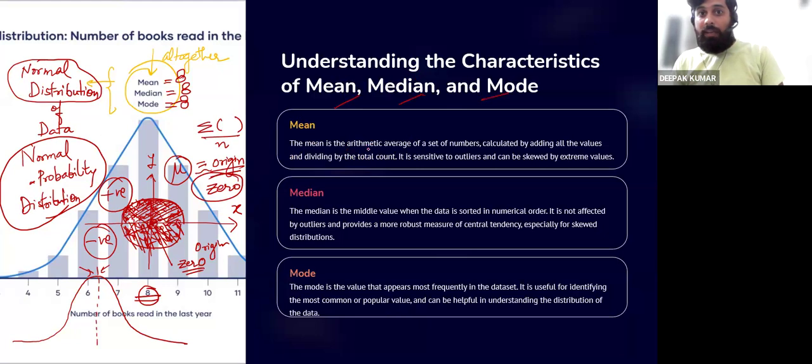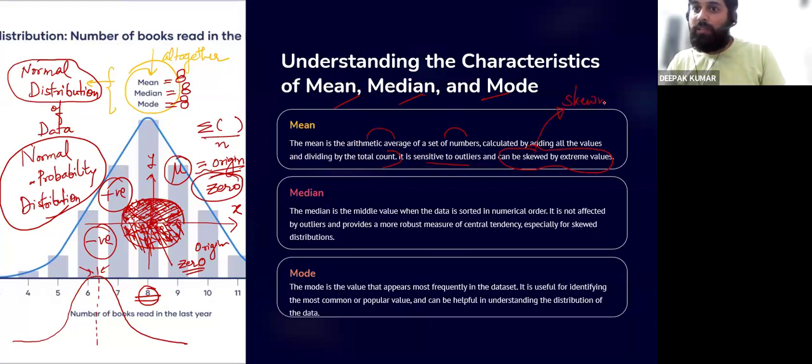So again, new terms are being introduced: arithmetic average, the set of numbers, calculating all values divided by the total count. This we have understood. Sensitive to outliers, we just covered. Can be skewed by extreme values, this we have to see again. A new term has been introduced to us: skewness.